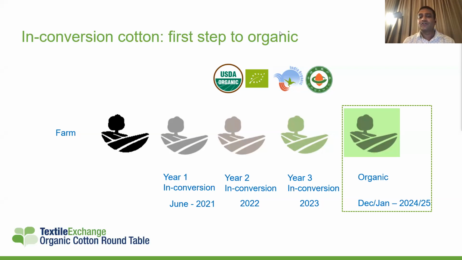So here you can see, this is a first stepping stone. If you don't follow this process, you cannot convert your land into organic. So it is not additional certification, it is part of organic certification.